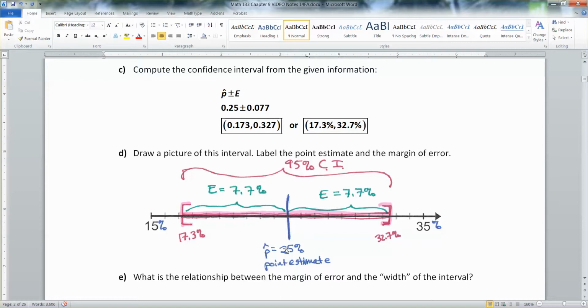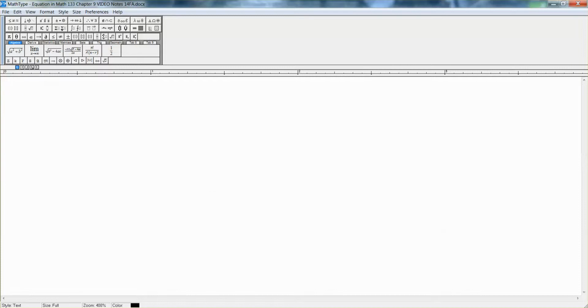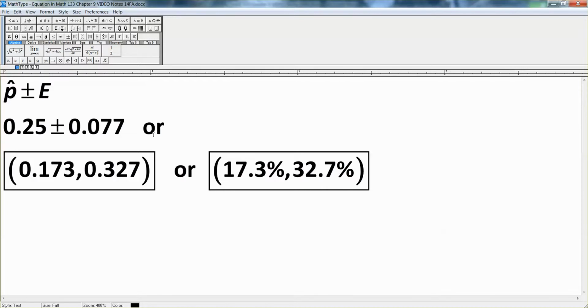Okay, and then your error is kind of the window panes in your window, if you will. So the center line, and then you add on the error here to get you 32.7, and you subtract it away over here to get 17.3%. And 7.7% is what you're adding on. So I guess I could also write it this way: 25% plus or minus 7.7%.